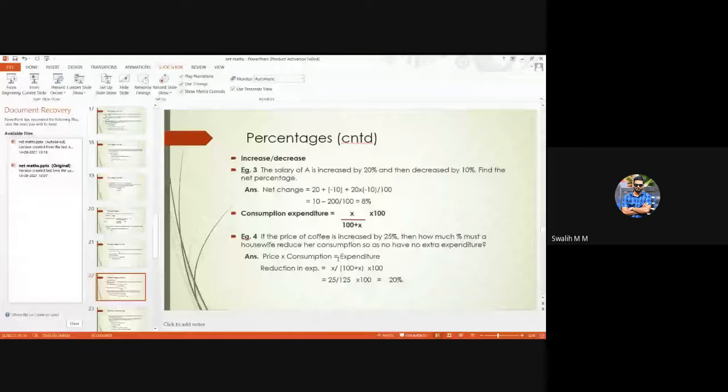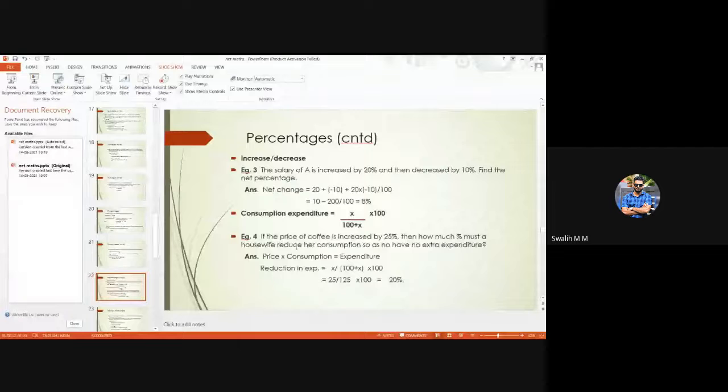So price is increased, she should reduce the consumption. So how much consumption she should reduce is the question. That is, price increased, then the expenditure would automatically increase. So she shouldn't want the house expenditure to increase. So she should reduce the consumption. So what percentage of the consumption she should reduce is the question.